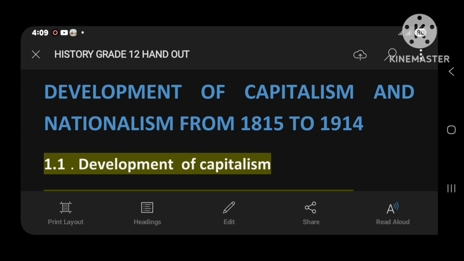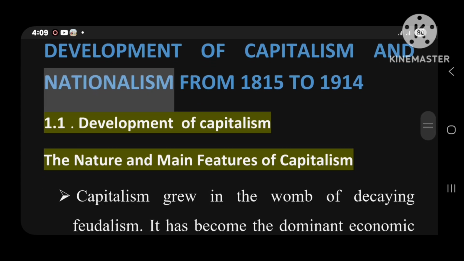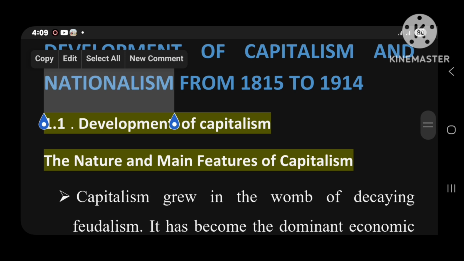As I have already mentioned, Unit 1, Part 1 is about development of capitalism and nationalism from 1850s to 1940s. The first topic is about development of capitalism and the nature and main features of capitalism.